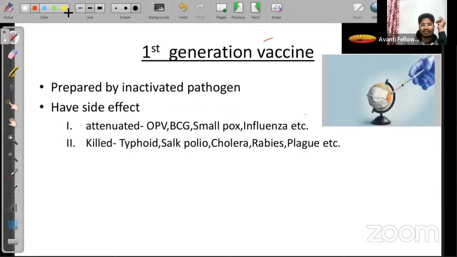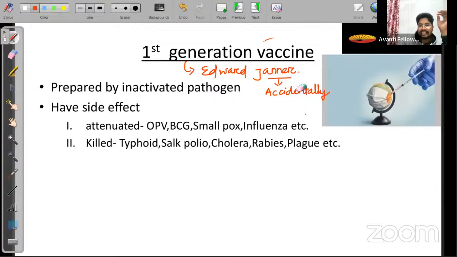The vaccine for the first time was invented by Edward Jenner, and it was invented accidentally.